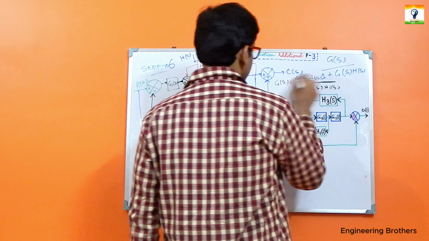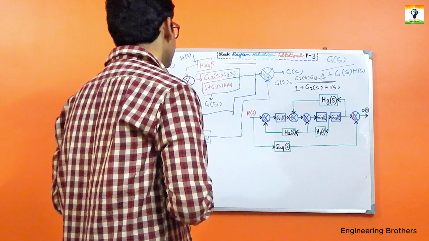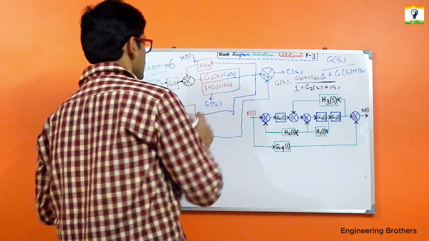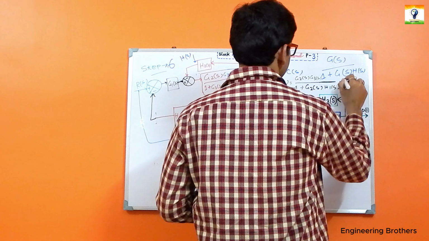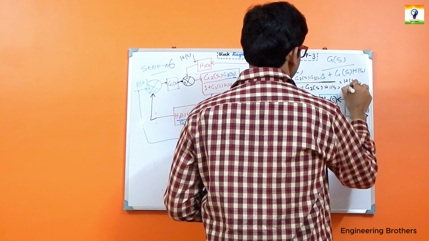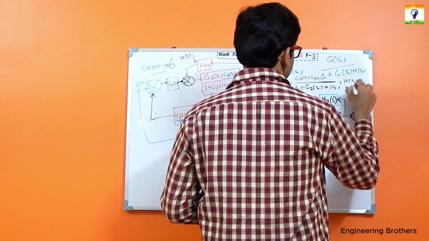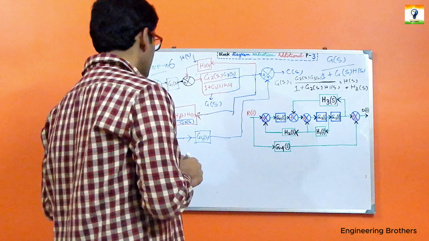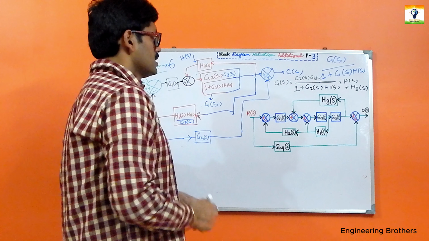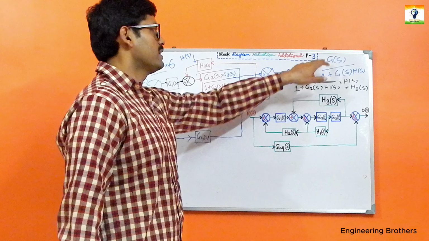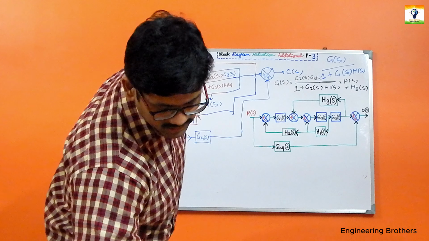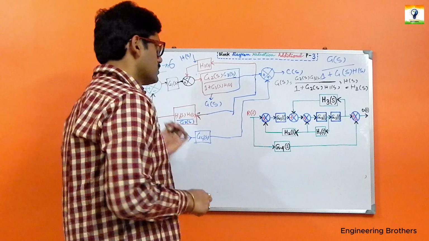This whole thing is going to be our GS, which is G2S G3S divided by 1 plus G2S H1S, and the HS, or the feedback path for this one, will be our H3S. Okay, now let us apply this value for our GS and HS over here, and let us see what is going to be the formulation for that one.